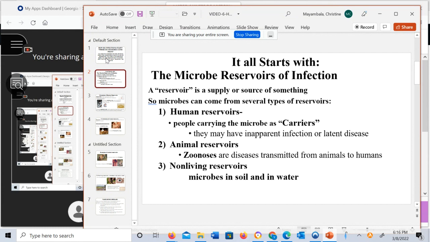I'm going to discuss 3 major reservoirs. The first one is what I call the human reservoir. There are some people who, even though they're not showing any symptoms, may actually be carrying a pathogen. You have heard a little of that with some people who have COVID but are not showing any symptoms at all.